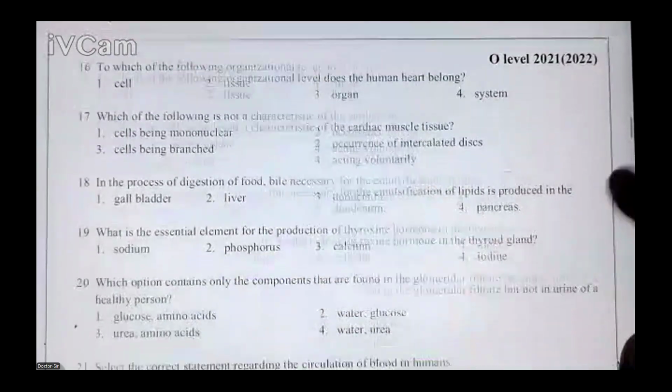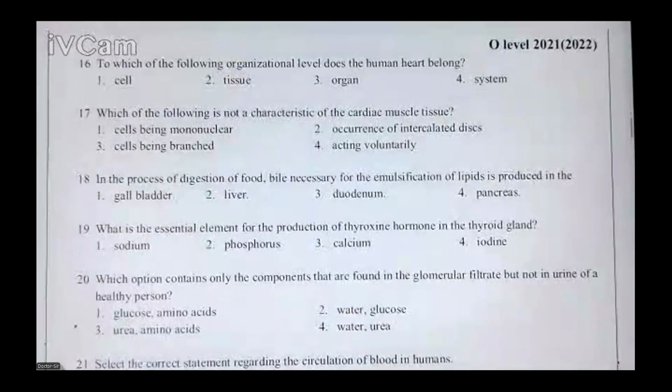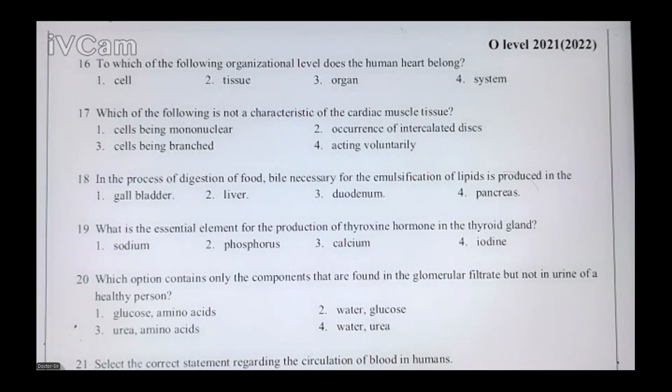We'll move on to the next part. Now I will give you a few minutes. Please try to find out the correct answers for these questions and please put the answers. Otherwise, it will be boring for me as well.